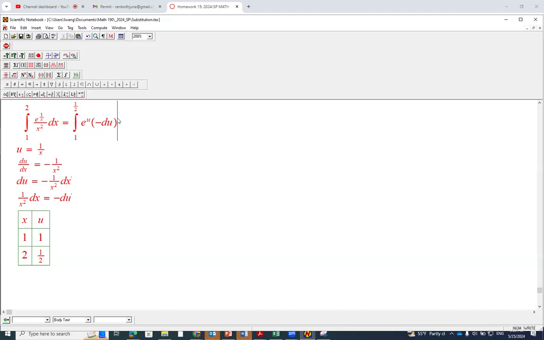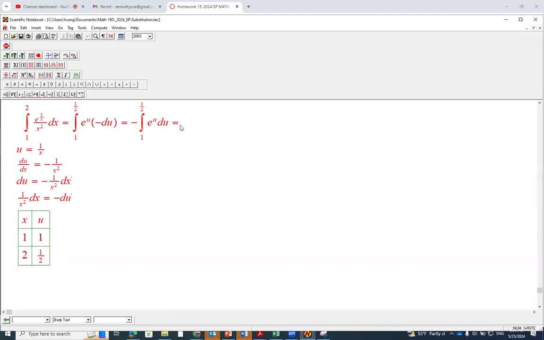Next step, of course, we're going to do the integration. Take the negative sign outside. That's the integration we're dealing with. But if you notice, the interval from 1 to half goes from a bigger number to a smaller one, so we can switch half and 1.